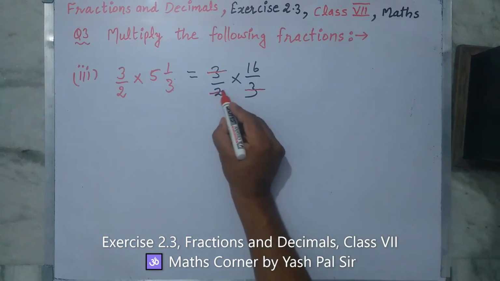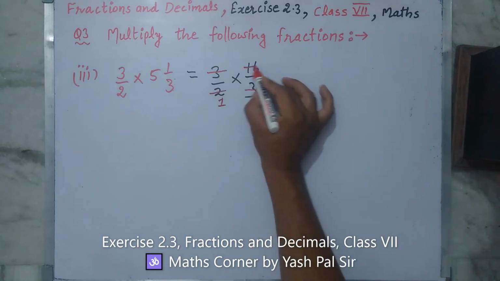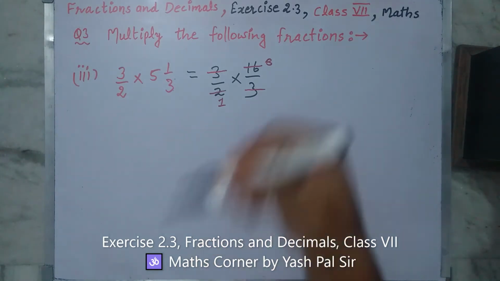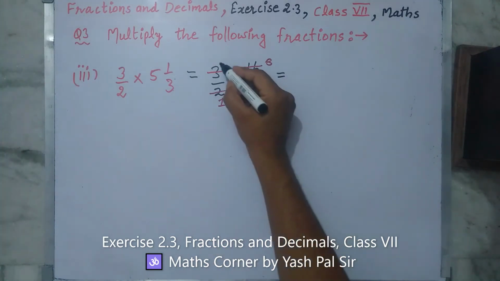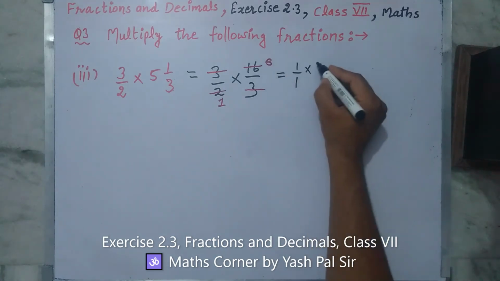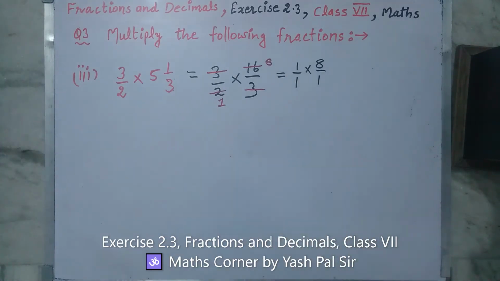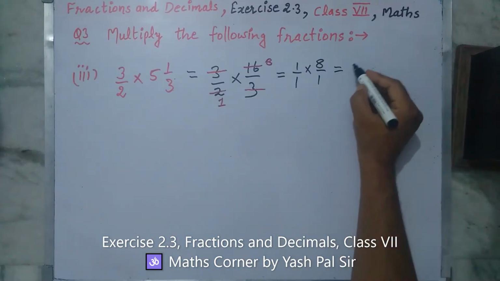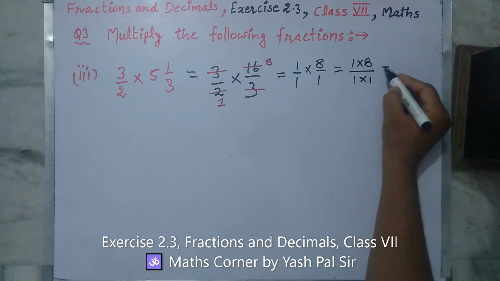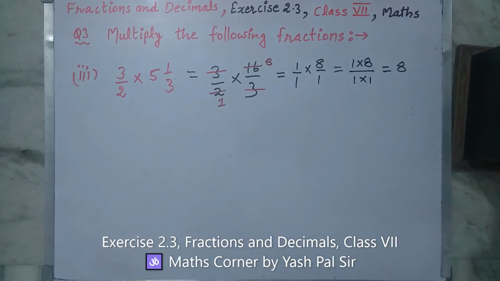Cancelled. 2 ones are 2, 2 eights are 16. So what do we do now? We are left with 1 upon 1 into 8 upon 1. So we write the answer as 1 into 8 divided by 1 into 1. Answer is 8. Very easy question.